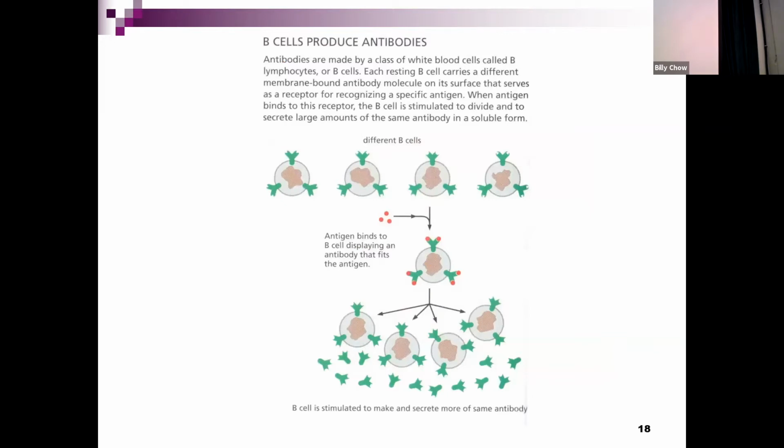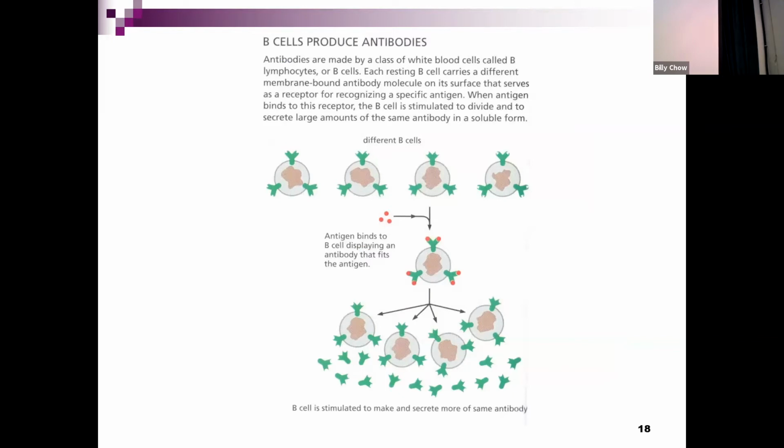Okay, so this is a diagram showing you. So you have different B cells, and these B cells will have the antibody presented on the cell surface, and they're all different. The FAB regions are all different.